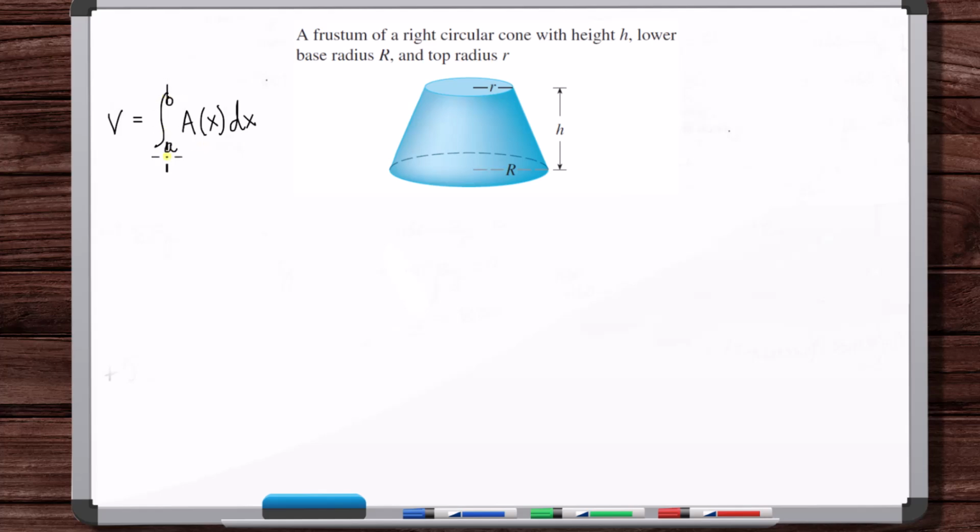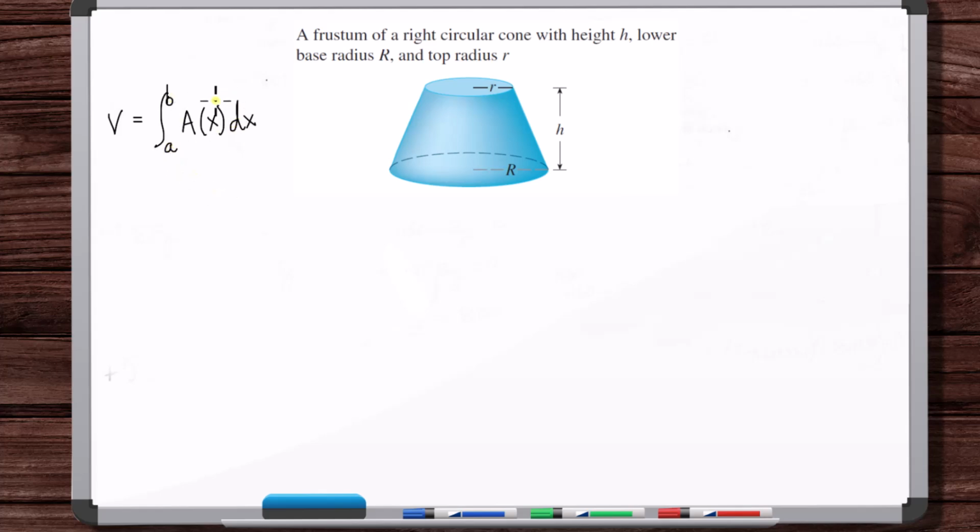Then anywhere between a and b, at some x value, you can imagine a plane perpendicular to the x-axis going through that point, and it cuts the solid. That cut makes a cross-sectional area. The area of that cross-section is the value of this function at that x. So each x between a and b is going to have a different cross-sectional area.